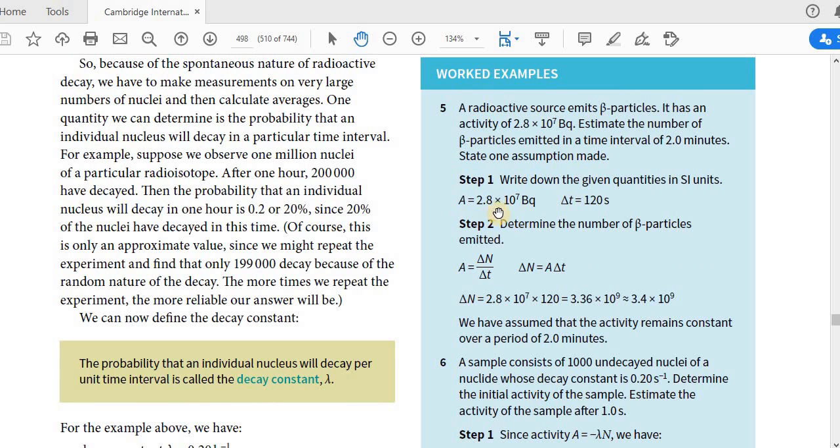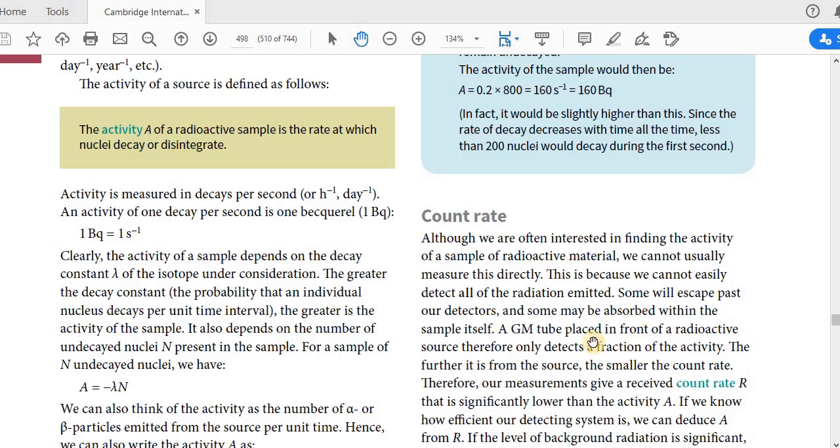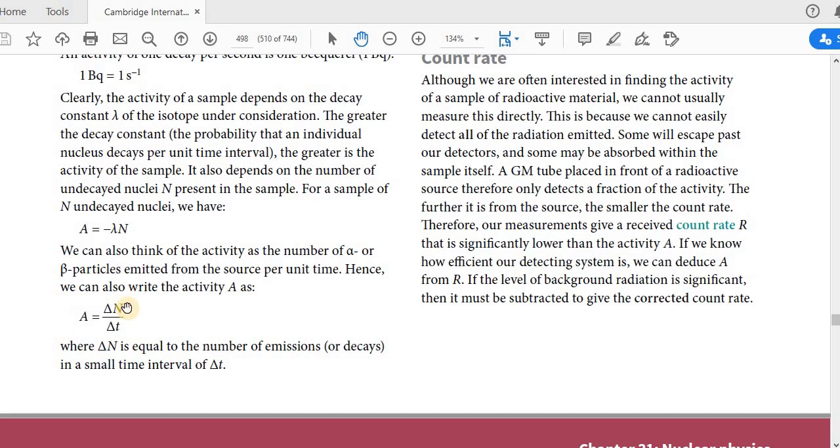So we can write the quantities that are given in SI units first, and then figure out which equation we need. We need to find N, right? That means the equation we will have to use is this, because it has all three quantities. For activity you have learnt only two equations, and you are given the time.